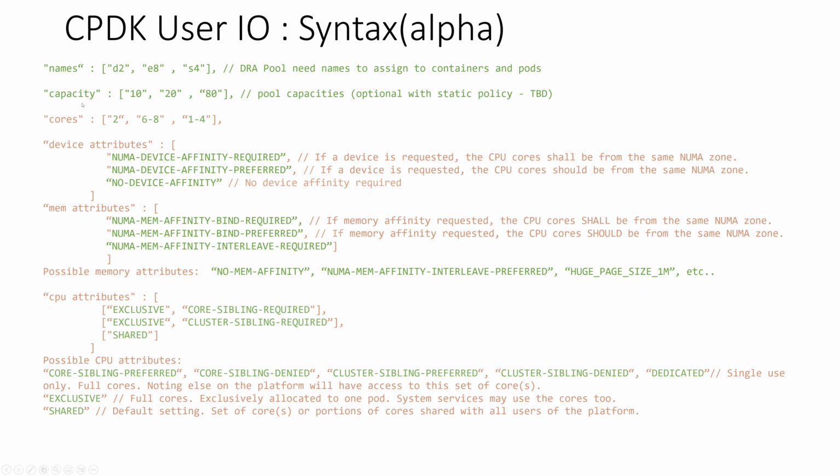Then we are thinking, and this is also open to discussion today, if we want to introduce something like capacity. So we could have a capacity field and a cores field. Basically, capacity is something which you could think about like a pool capacity in more of a static policy way.